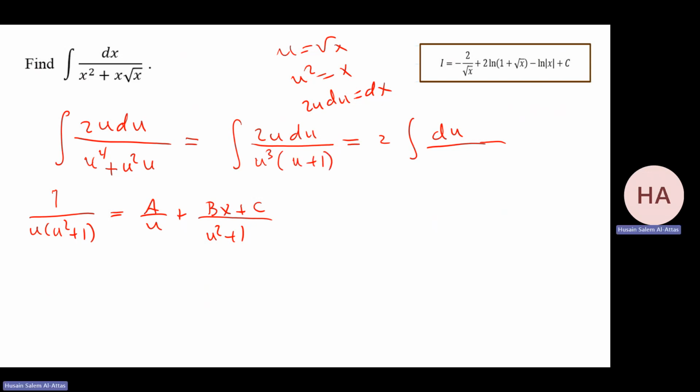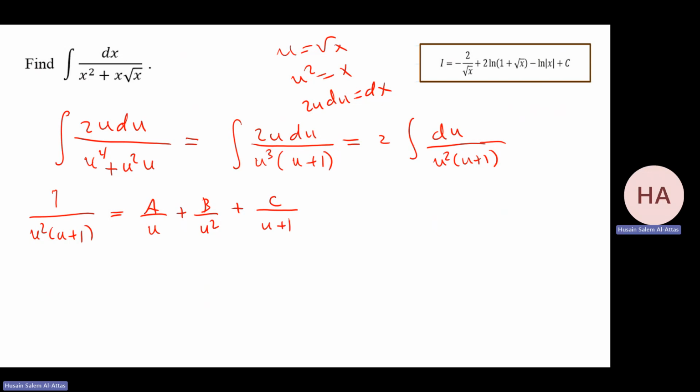So I have u squared times u plus 1. Not like this. Yeah, that will make it 3 terms, not 1 term. So I have A over u plus B over u squared plus C over u plus 1.